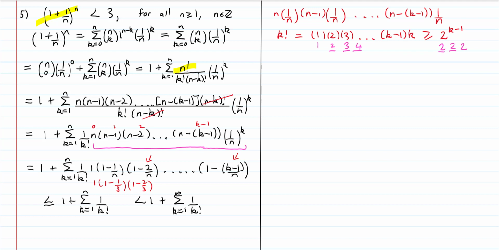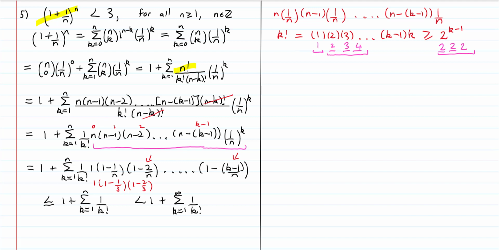So in general then, the right hand side is just going to be 2 times itself k minus 1 times, and on the left hand side, if k is greater than 2, we're going to have at least k minus 1 terms with at least one of them greater than 2, and our kth term is just going to be 1. So therefore k factorial is going to be greater than or equal to 2 to the power of k minus 1.